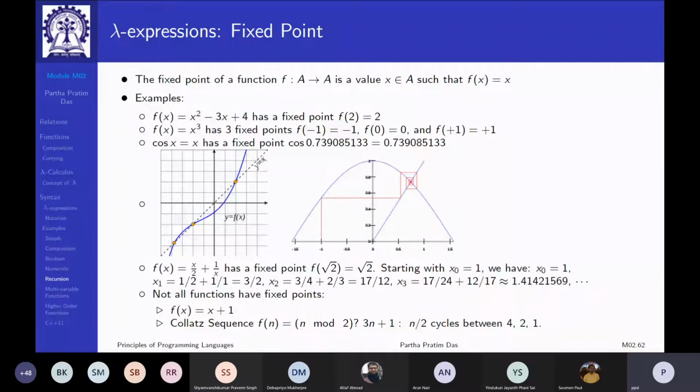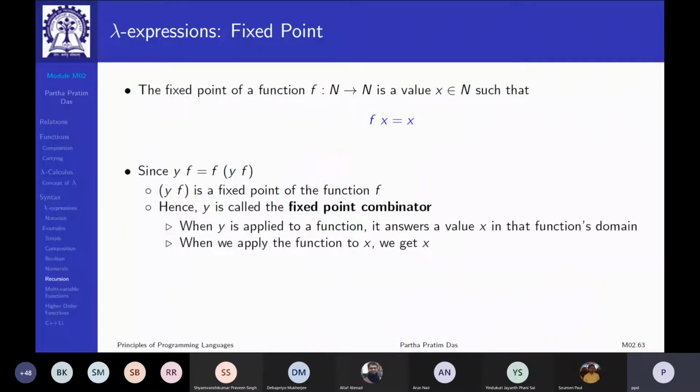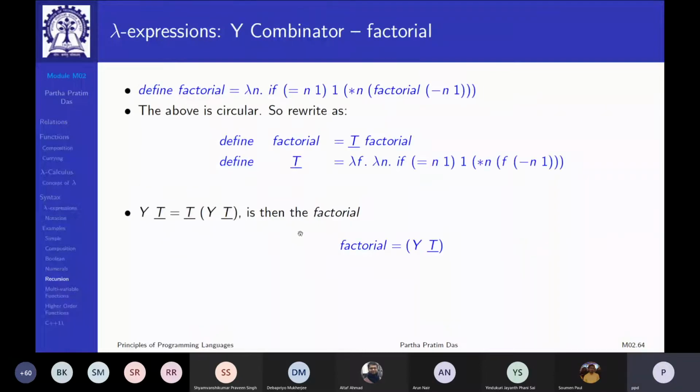So with that, we note that the Y combinator applied to a function f is the fixed point of the function. Y combinator applied to f is the fixed point for the function f. So it is called the fixed point combinator. And now we use this to model a recursive function, and we took the most common recursive function, that is factorial.